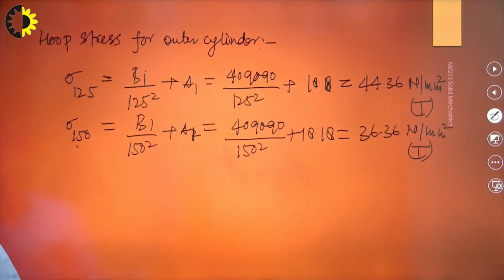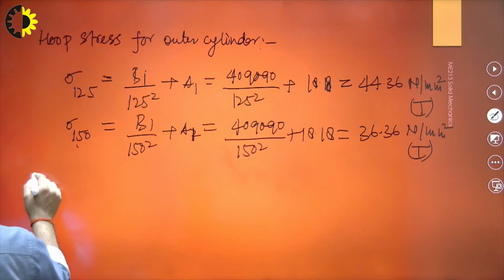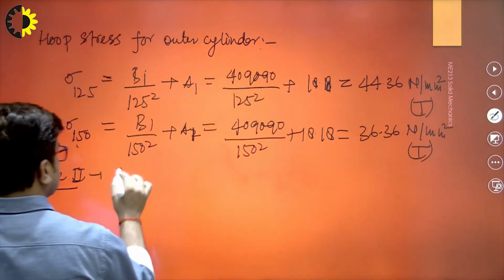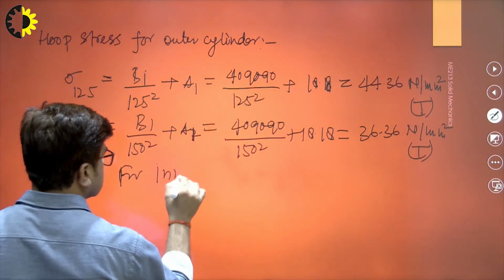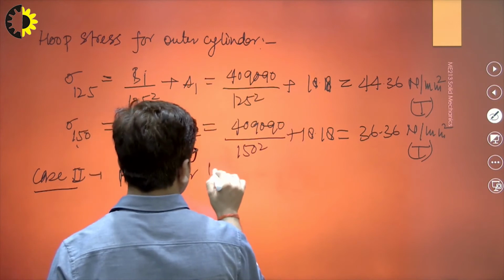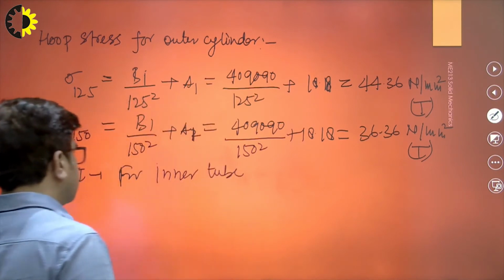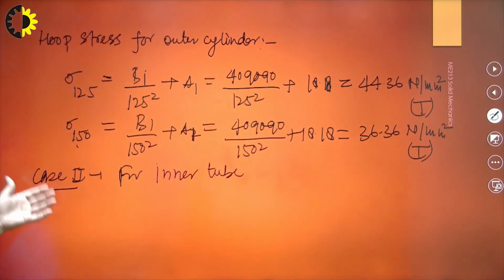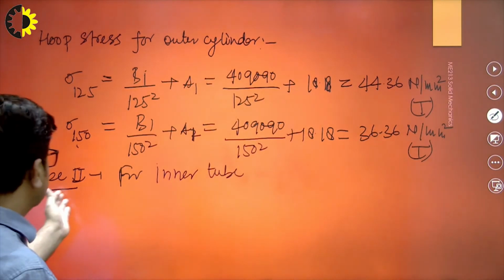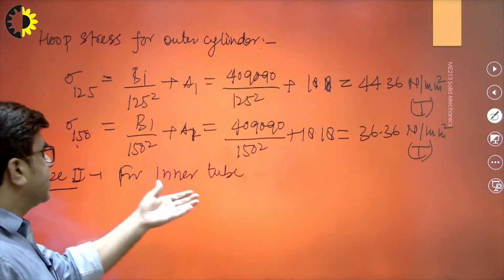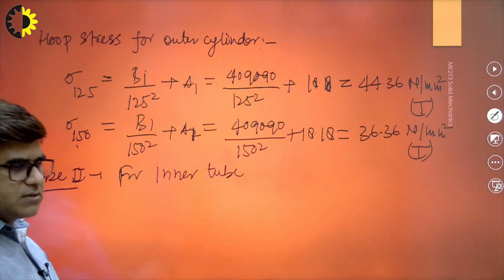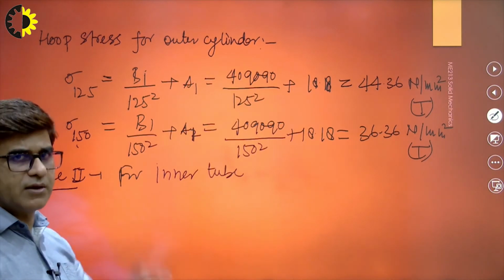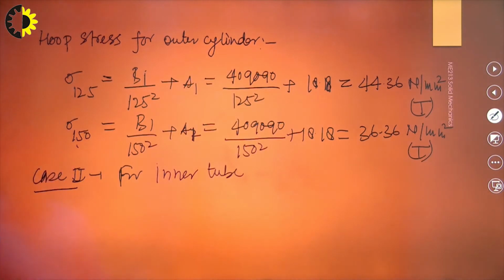Now for the inner tube, case second. We have divided this into case 1 and case 2. Okay, so case second is what? For the inner tube, I will analyze the hoop stress for the inner tube because of shrinking one tube over the other.